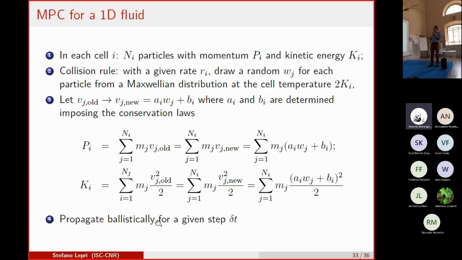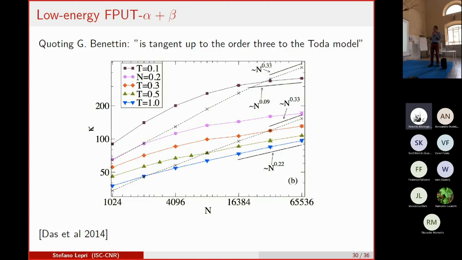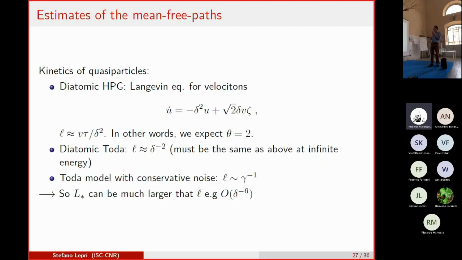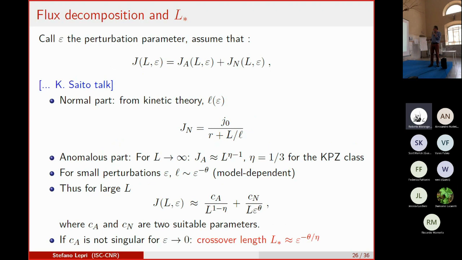The idea was just to say that this scattering rate has to go to zero when the perturbation goes to zero. The simplest ansatz could be to assume that it is a power law, like this, so to assume that the mean free path is inversely proportional to epsilon to some power.